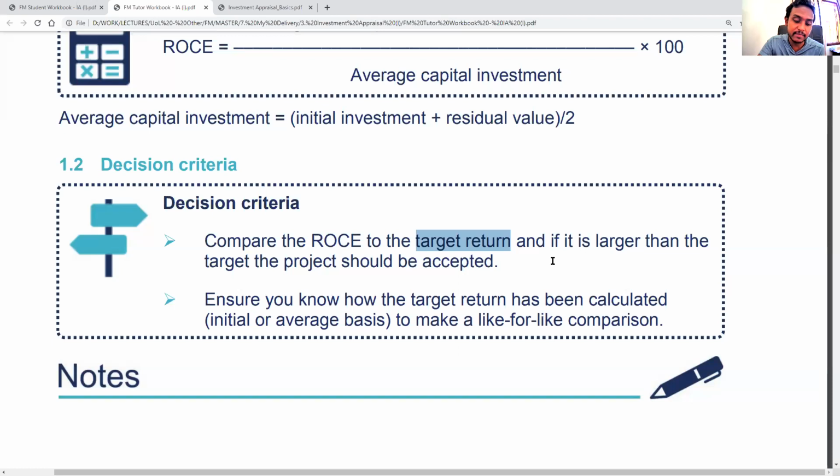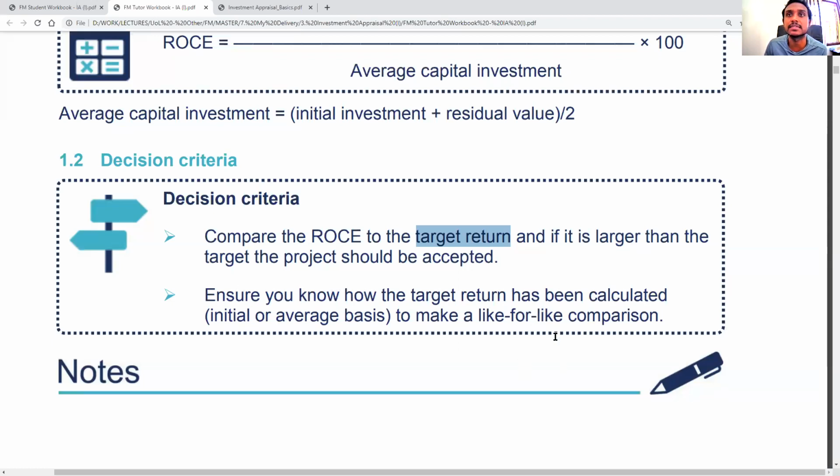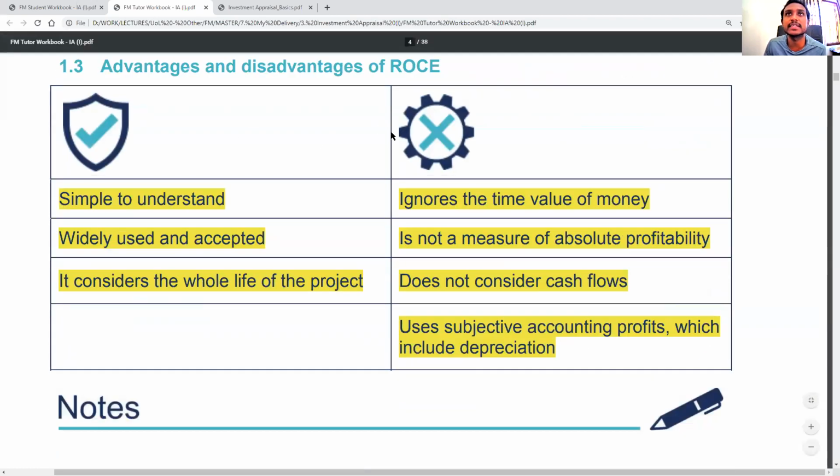Only if their criteria on the ROI target and your ability to pay the interest are satisfied will they approve the loan. So it is an important number. Ensure you know how the target return has been calculated, on an initial or average basis, to make a like for like comparison. Advantages and disadvantages.